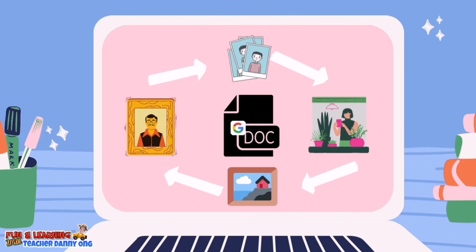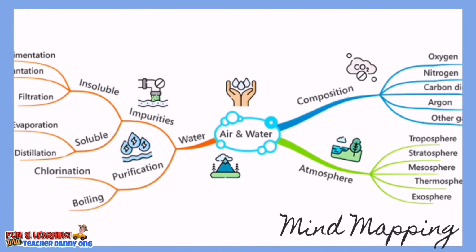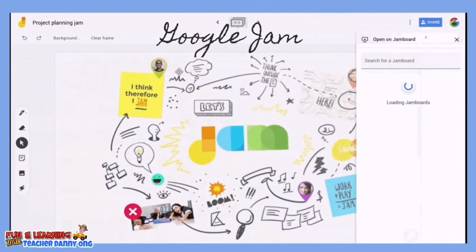Now, aside from Google Docs and presentations, online mind map, Stormboard, and Google Drum can also be used for carousel brainstorming.